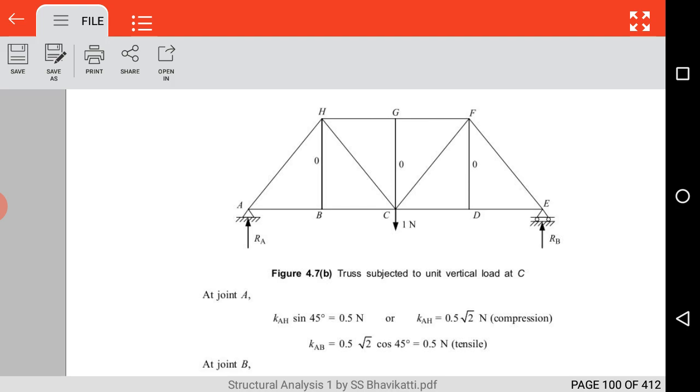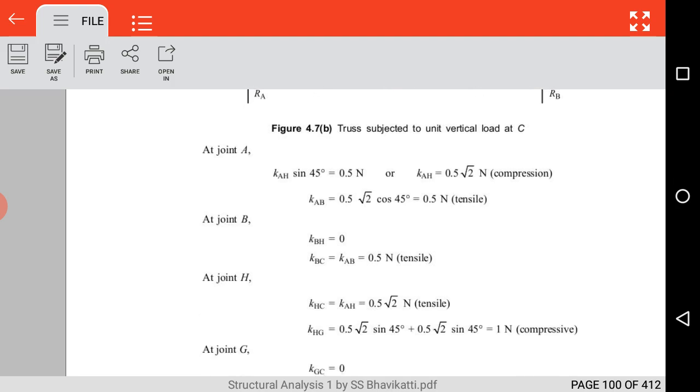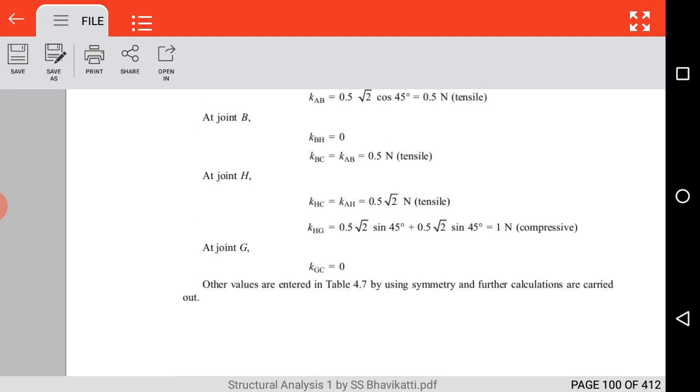So the member force AH is equal to 0.5 into root 2 and AB is equal to 0.5 Newton. In the same way, for joint B, joint H and joint G, it has been calculated, and the truss is symmetrical, so by using the symmetry we will note down the values of the other members also. No need to calculate for each and every joint.